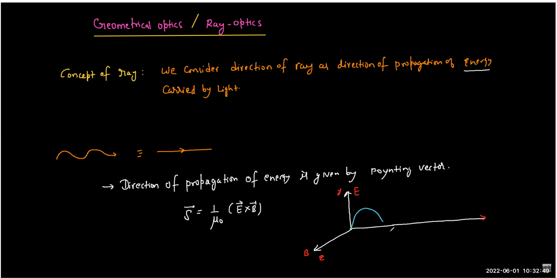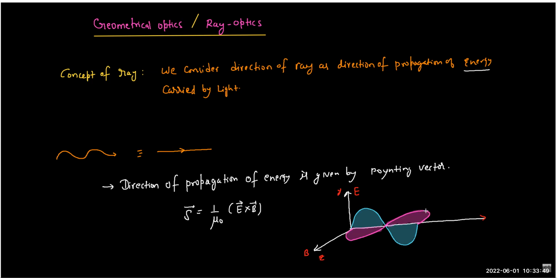So E is oscillating this way, and B is oscillating this way, in two different planes.